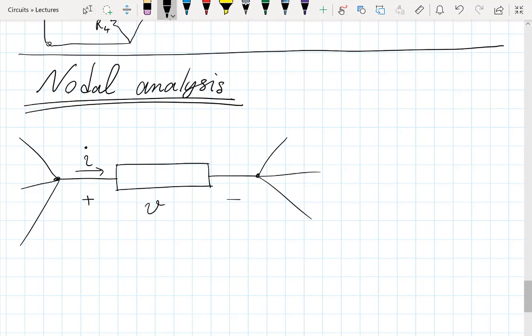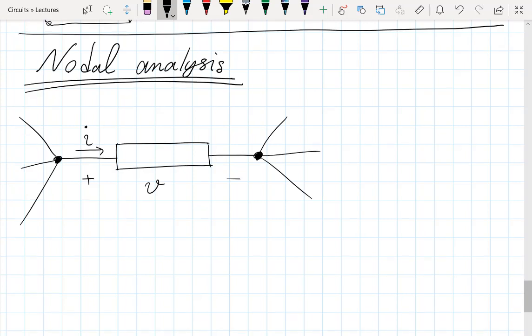Okay. Each of these nodes that you have in the circuit, you can attribute a voltage value to them. And that value is essentially the voltage difference between some reference point and this node, or this node and some reference point. So let me write that down formally.